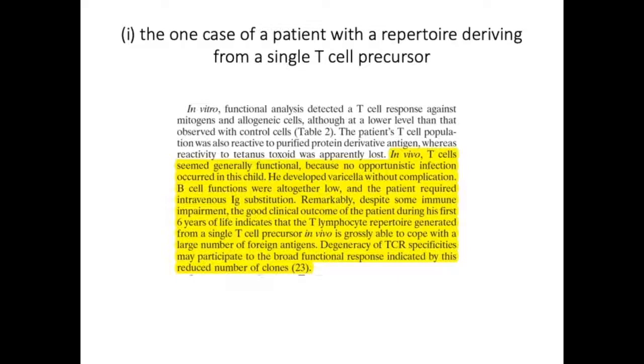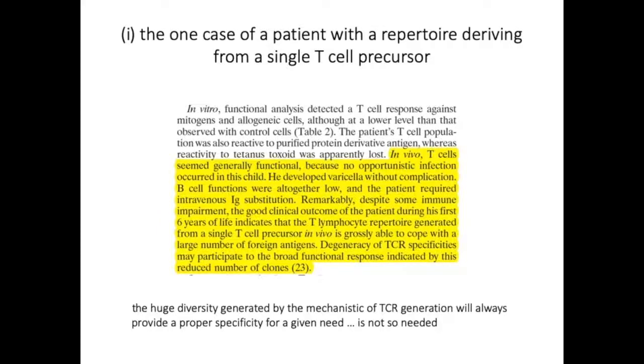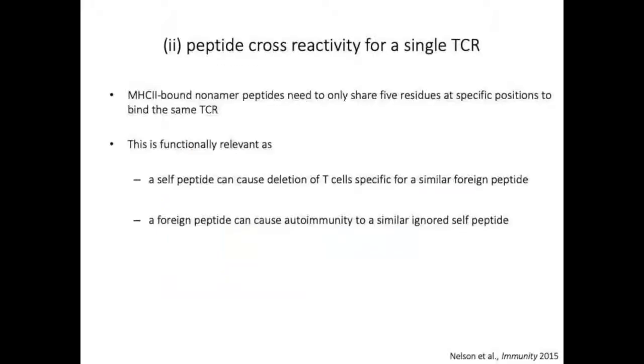This patient didn't have any opportunistic infection of the kind that characterizes T cell deficiencies, and even had varicella with a normal outcome. So it's clear that with such a restricted TCR repertoire, there was good enough efficacy to mount an immune response against different pathogens. So the idea that we need to generate a huge diversity to efficiently fight pathogens is called into question here.